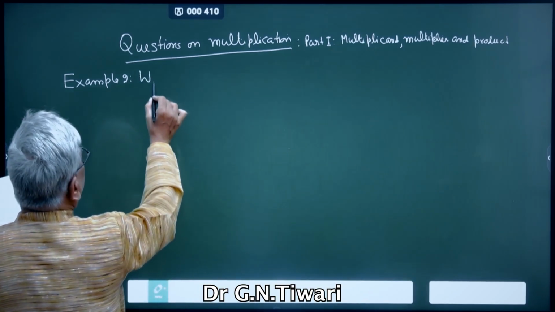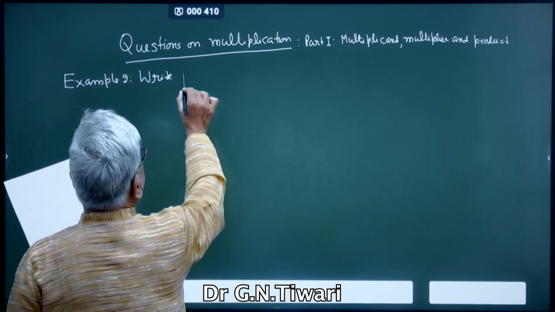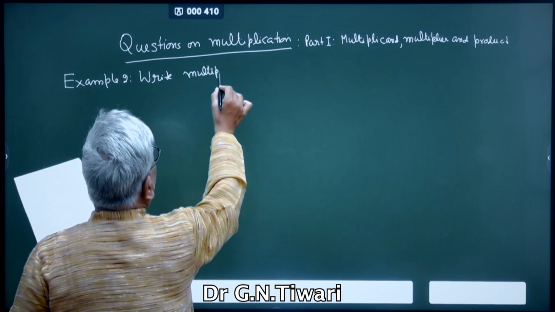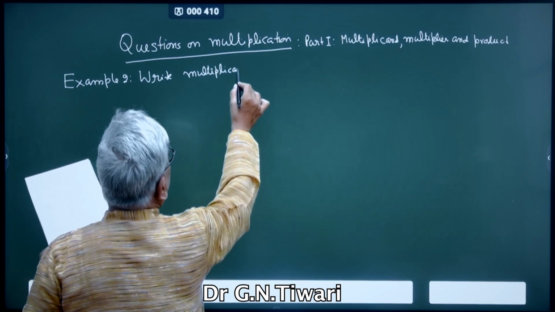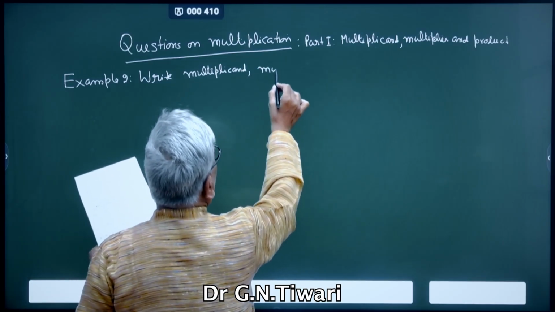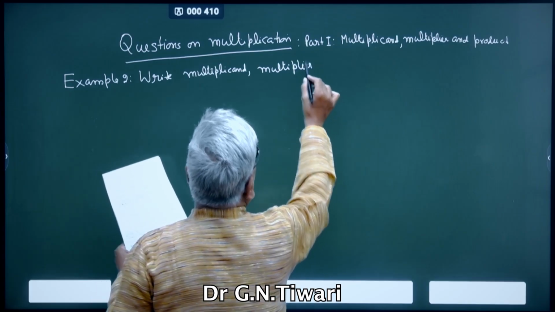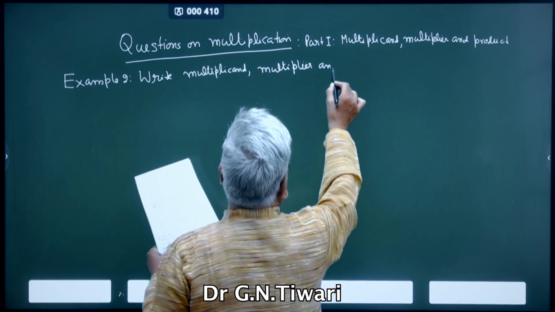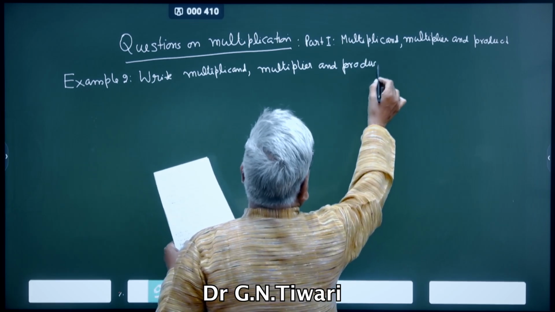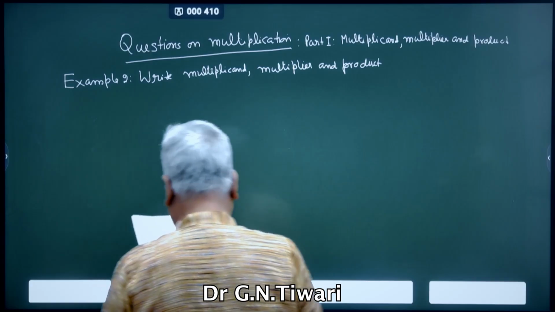What is example 2? Write the multiplicand, multiplier, and product for the following.